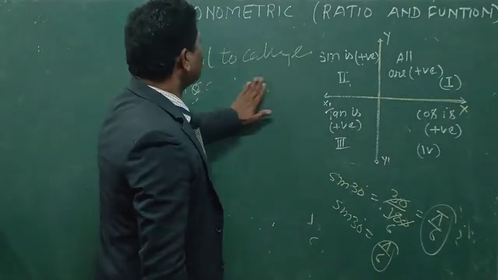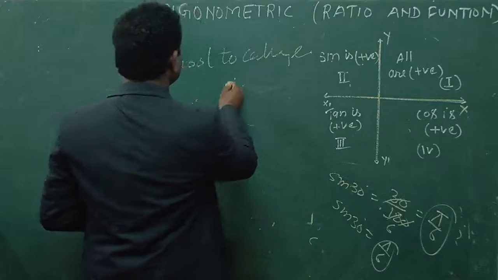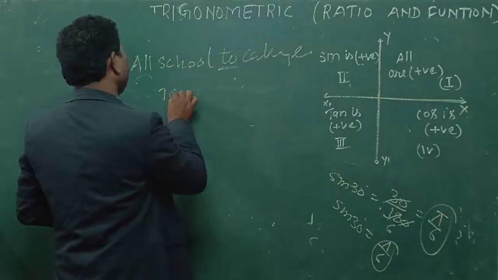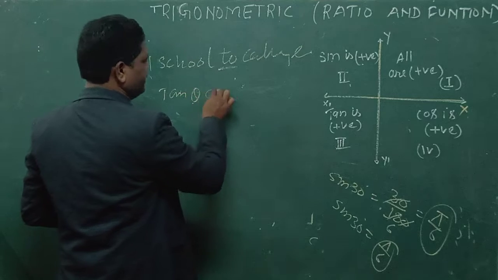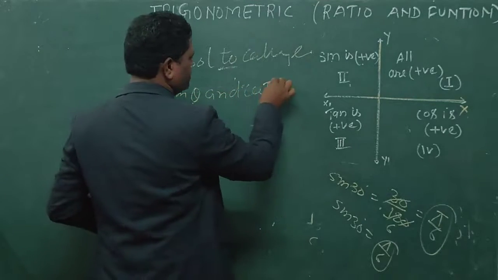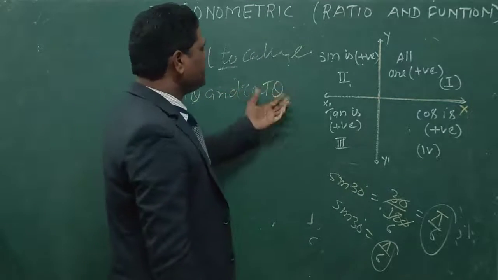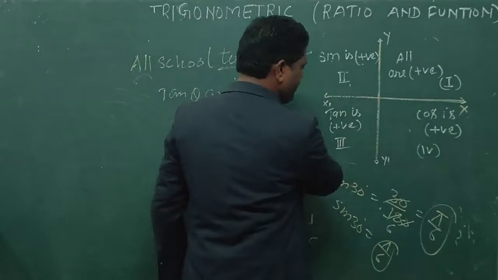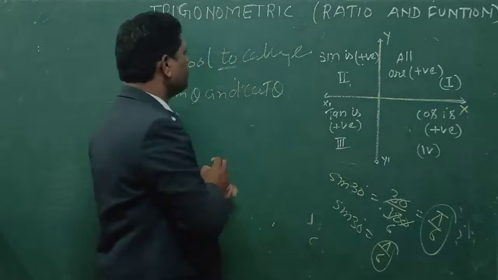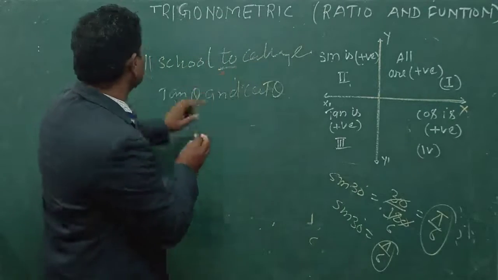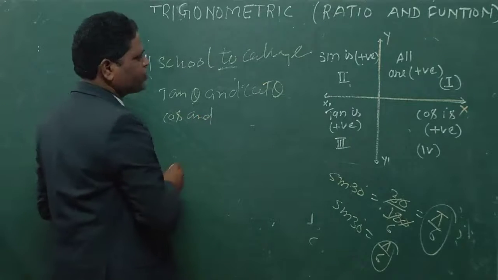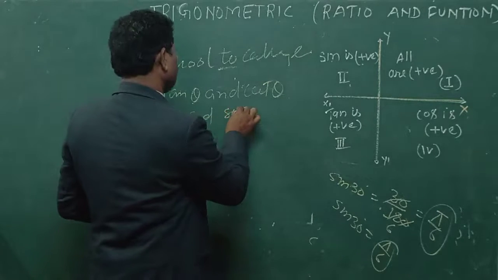And the third quadrant means tan or cot. Tan theta and cot theta are positive, the remaining are negative. That is the third quadrant. And the fourth quadrant means cos and sec.